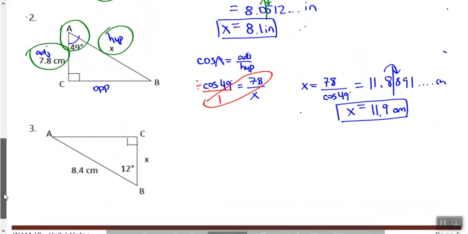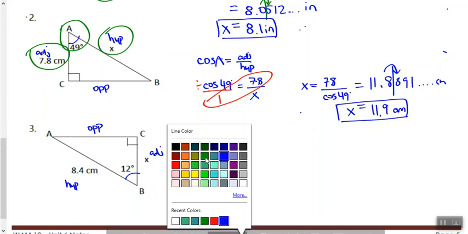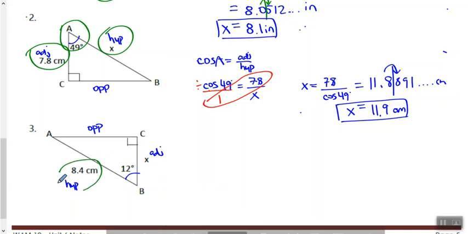Okay, last example for our first page here. So here's our angle. Let's label. So here's my opposite. Here's my hypotenuse across from my 90-degree angle, and last one's our adjacent side. Circling 3, circling hypotenuse. I know this angle, and I'm looking for this adjacent side.